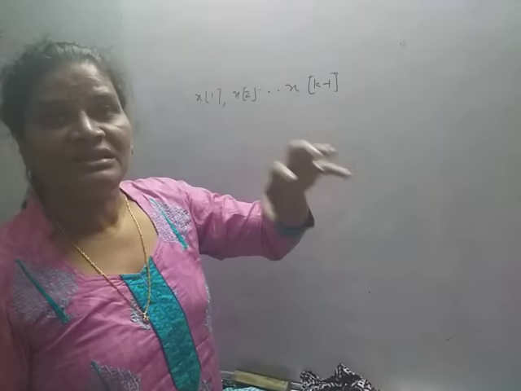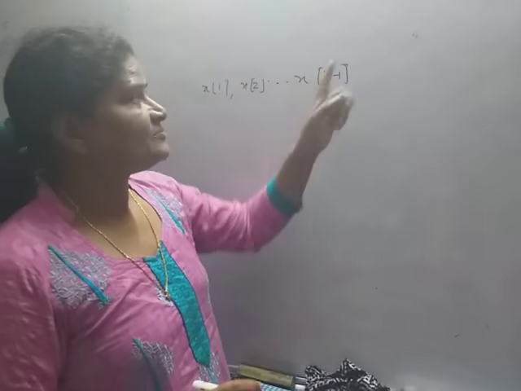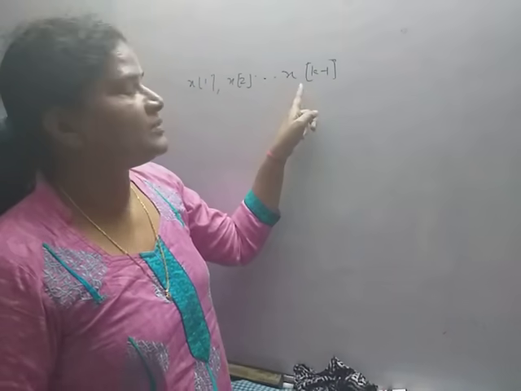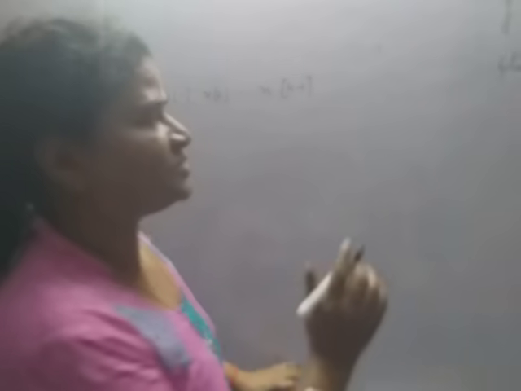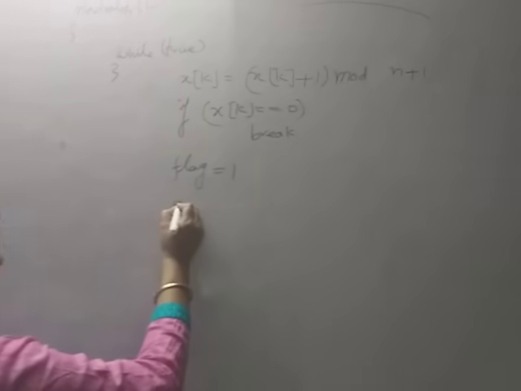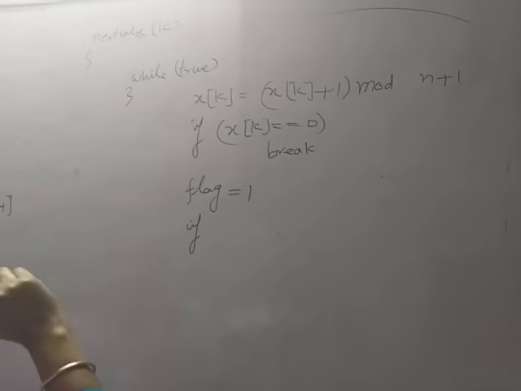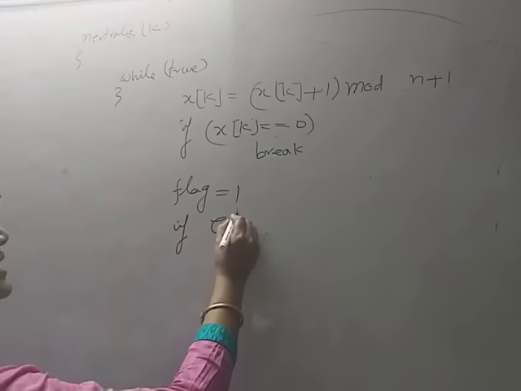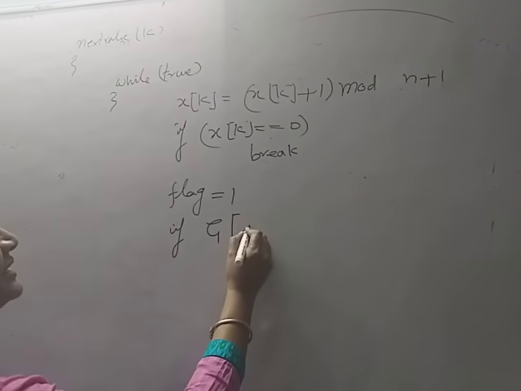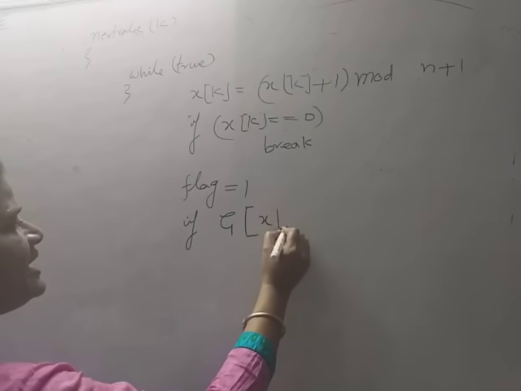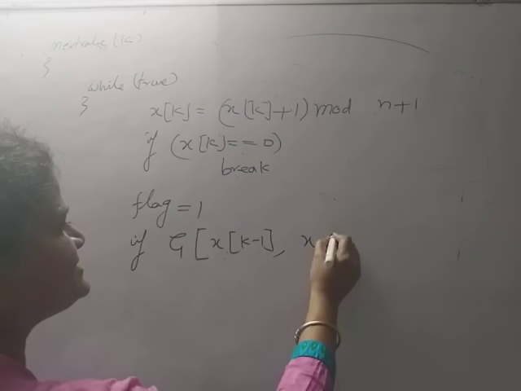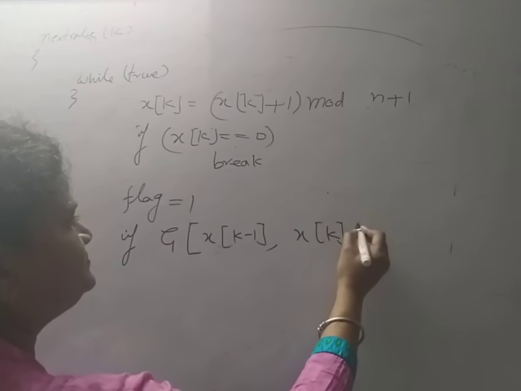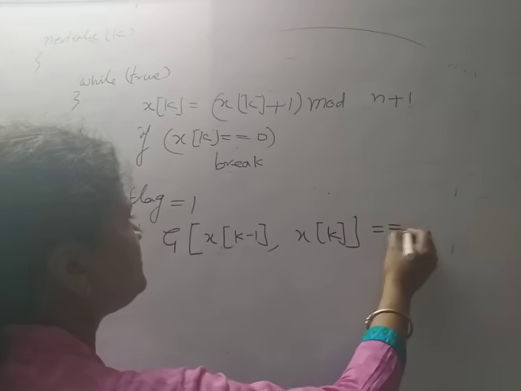So what is the criterion for xk? First, xk must be adjacent to xk minus 1. So how do we check? If G of xk minus 1 comma xk equal to 1.